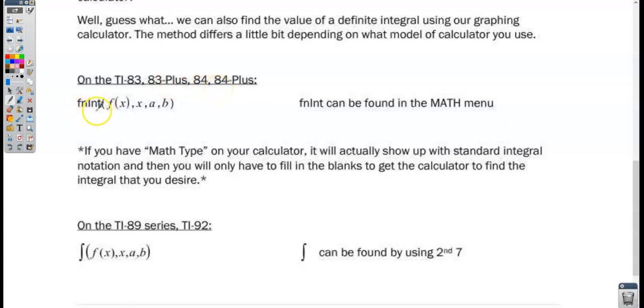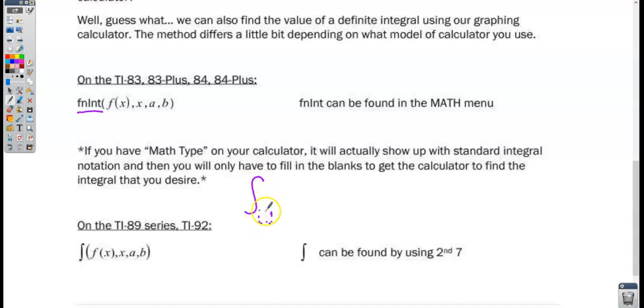You're going to use the fnInt command and type these in. If you have MathPrint, those of you who have the 84 pluses tend to have MathPrint. What happens when you choose the fnInt command is it will pull up something that looks like this.